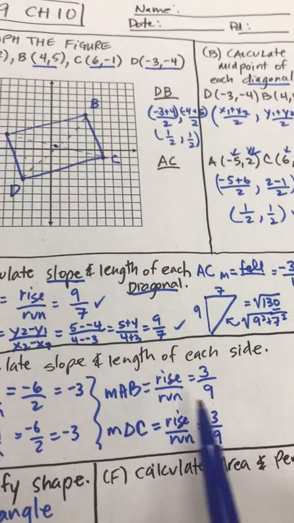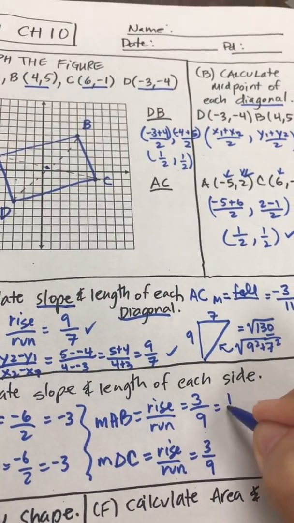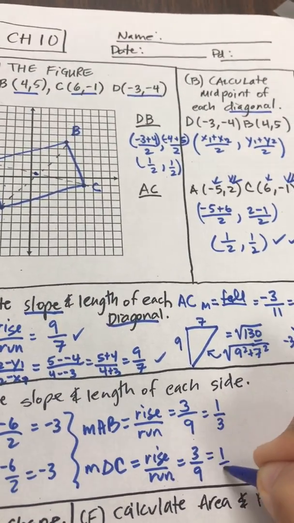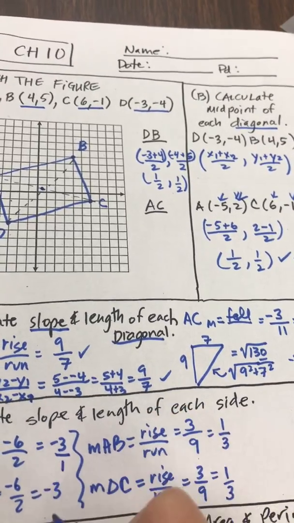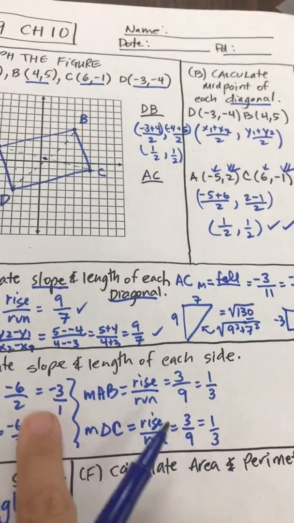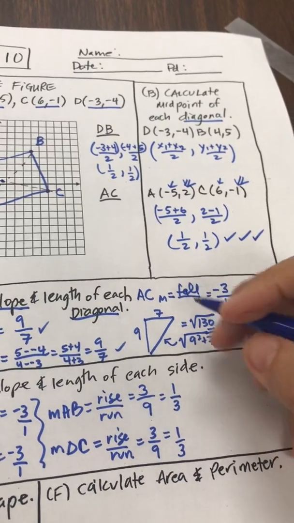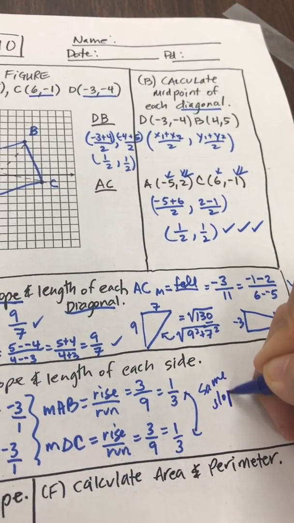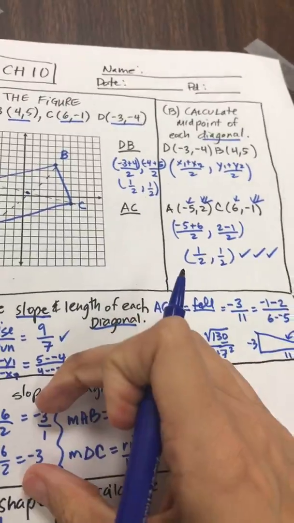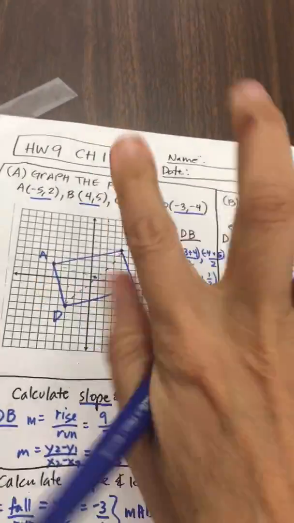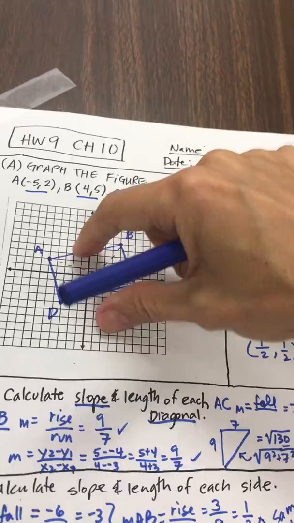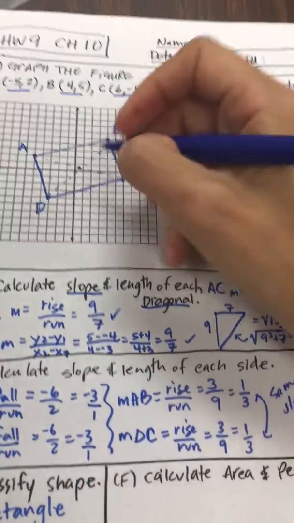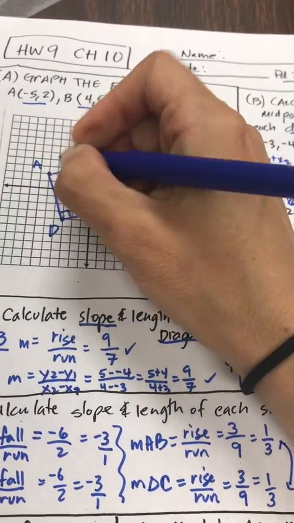Interesting. So right now these don't look like opposite reciprocals, but if I reduce the fraction, and that could be a reason why we reduce the fraction, notice that these are opposite reciprocals. So these are the same slopes, right? So opposite sides are parallel because they have the same slope. And these slopes here are opposite reciprocals.